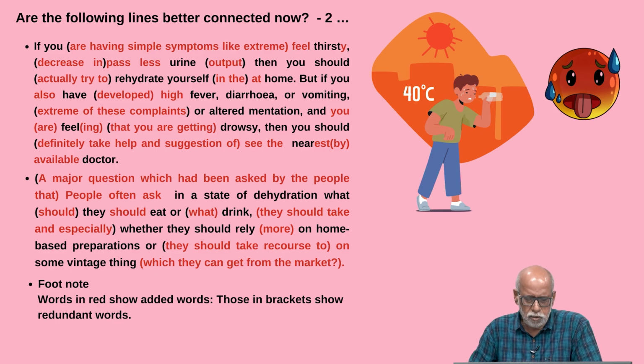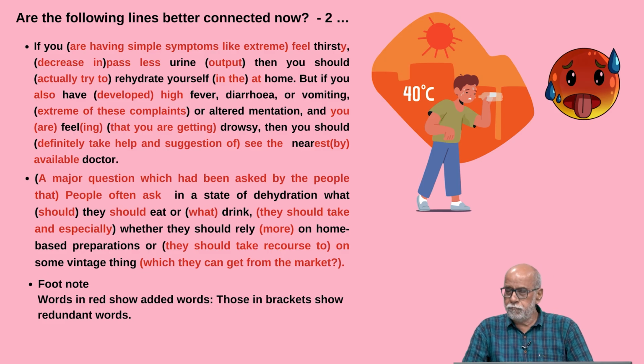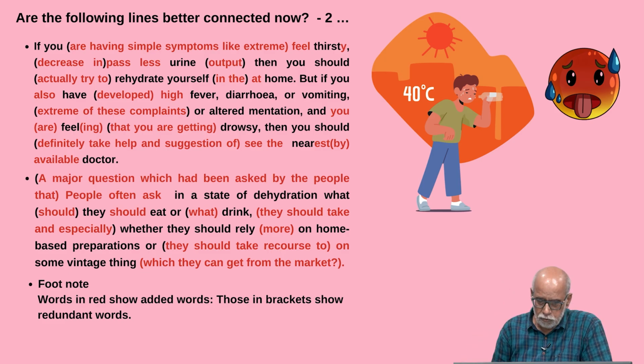I have added on some vintage thing like ready medicine in the market, off the shelf. You can rewrite these lines, and that will be good practice for you, and it will help you see how by habit or by lack of thought we write imperfectly, we write in a non-standard manner. Okay.